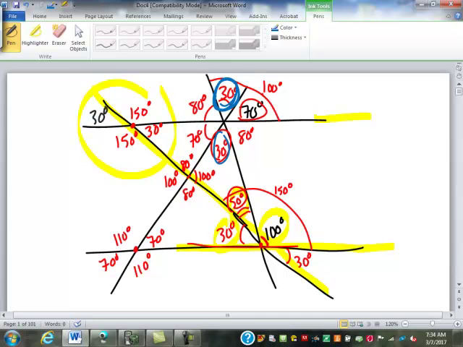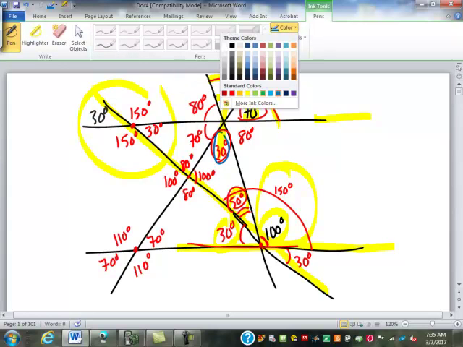Yeah. And that one comes from, you know that if this here is 100, this given, this from here to here has to be 100. So you just subtract the 70, so that's got to be 30. And then those two got to be the same because they're vertical angles. Any other questions on those?